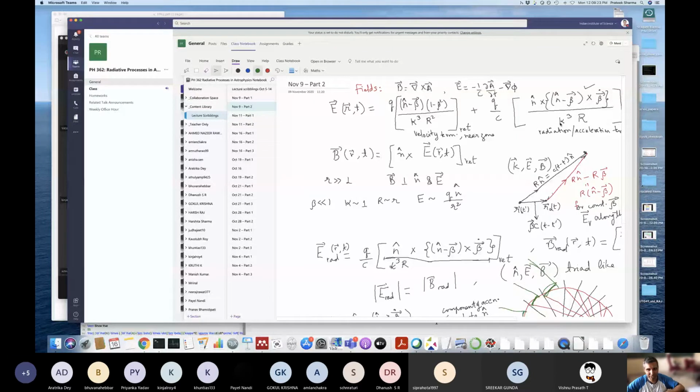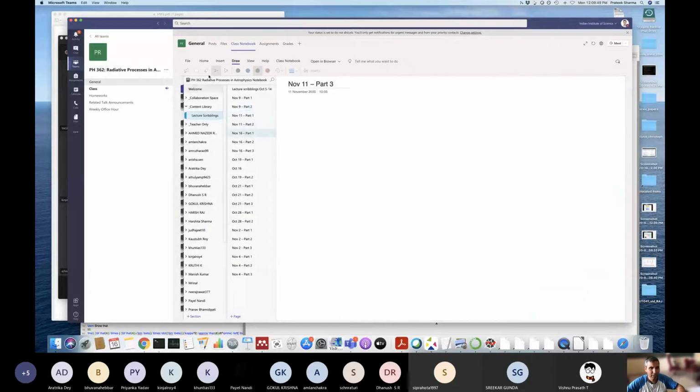But one should actually at least go through and try to see how these may come about. It's done in Jackson and in Griffiths, but we will just use the final formula. We haven't really derived it, but I encourage you to try to go through it. You may have done it in a previous course on E&M. Okay, let's go to today's class.